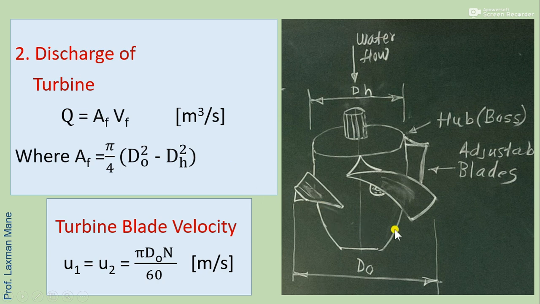Runner velocity or turbine blade velocity is calculated by using formula pi into outer diameter DO into N by 60 in meter per second. And in case of Kaplan turbine, blade velocity at inlet and outlet is same.